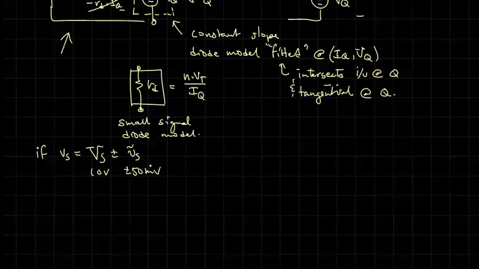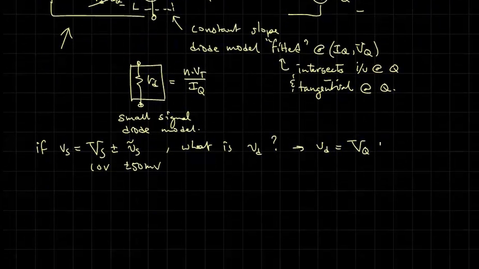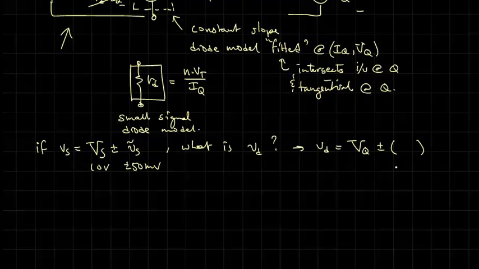So if Vs equals this, what is Vd? Well, assuming that you've found already the VQ, the operating point, then Vd is going to be equal to VQ, plus or minus, and then this is what we need to fill in.